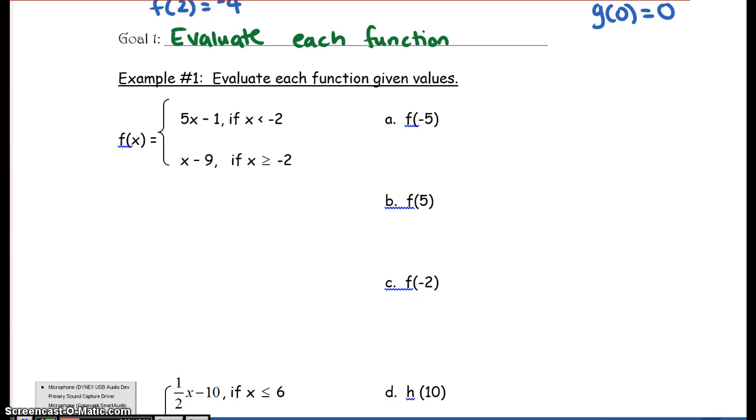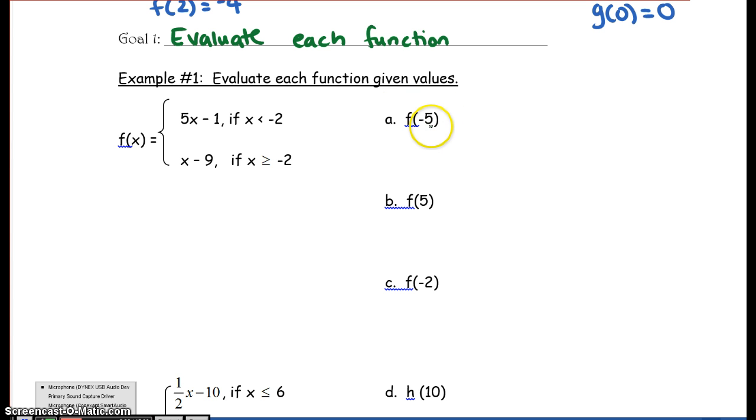We're going to solve example 1 together. It says f of x equals 5x minus 1 if the x value is less than negative 2, and f of x equals x minus 9 if the x value is greater than or equal to negative 2. First we have to figure out where the x value lies.